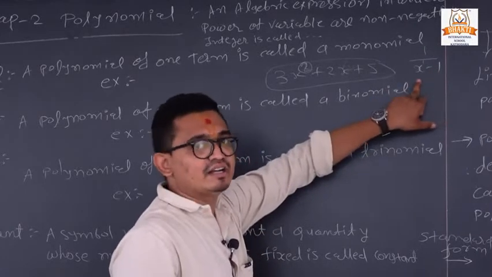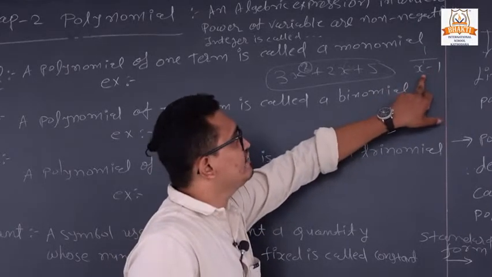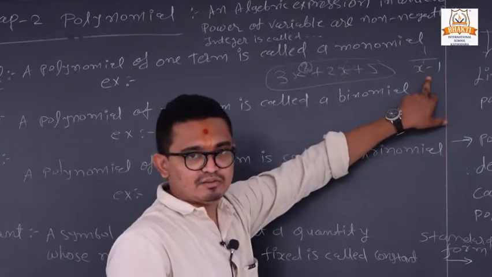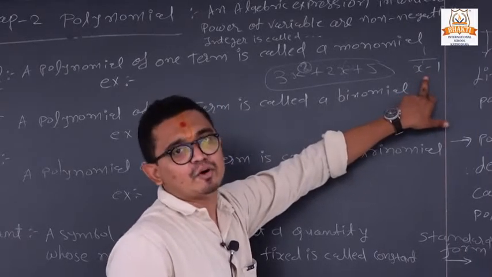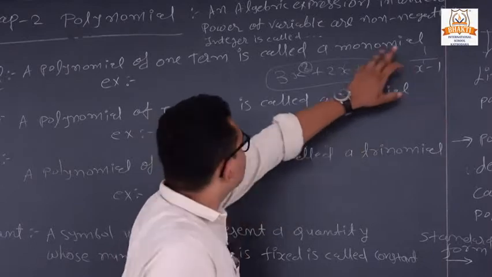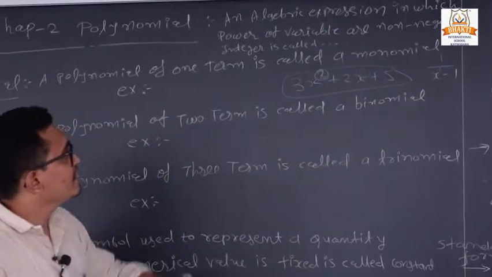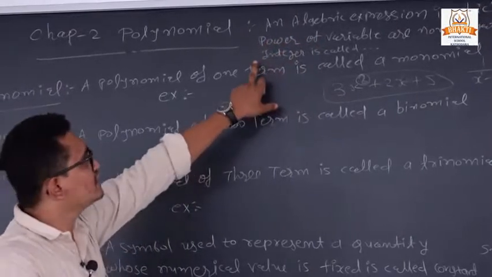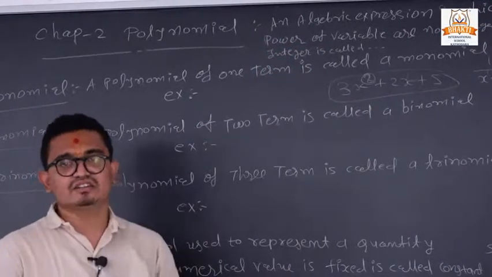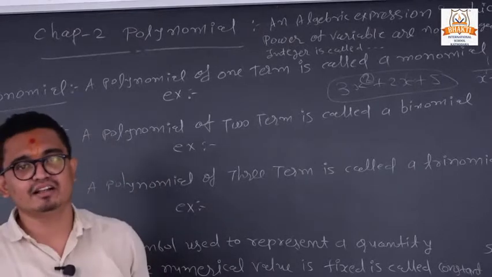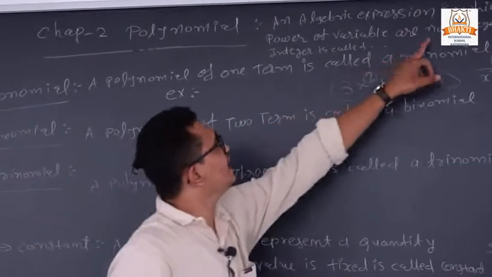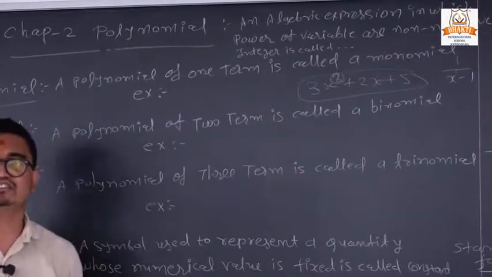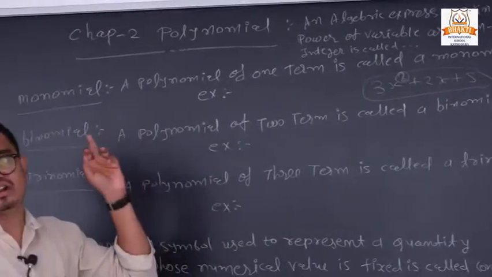So this algebraic expression does not have non-negative integer powers, and it is not a polynomial. You must remember one thing: any algebraic expression whose powers are non-negative integers is called a polynomial, and if it has negative powers, it is not a polynomial.